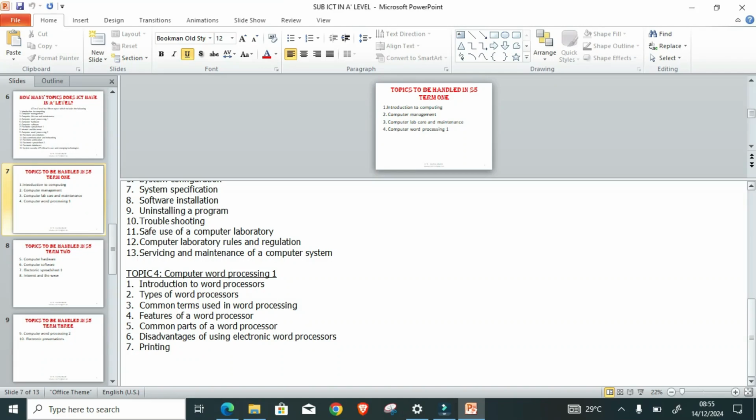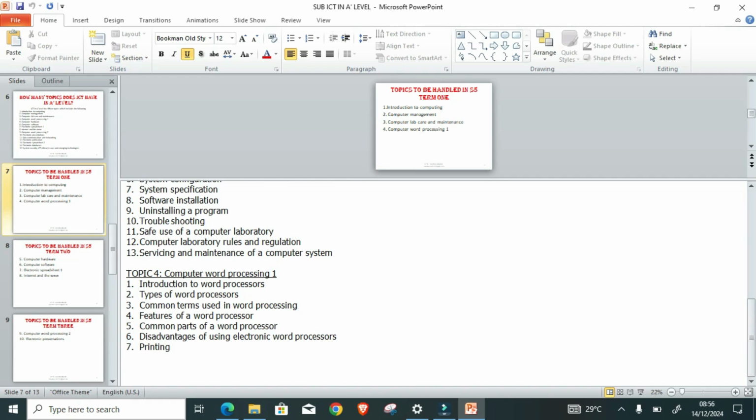Then still in Senior 5 Term 1, Topic 4 is word processing 1, of which we expect learners to be introduced to word processing, tell us the different types of word processors, the common terms used in word processing, the features of a word processor, the common parts of a word processor, the advantages of using electronic word processors, and also how to use a printer to bring out the hard copy.